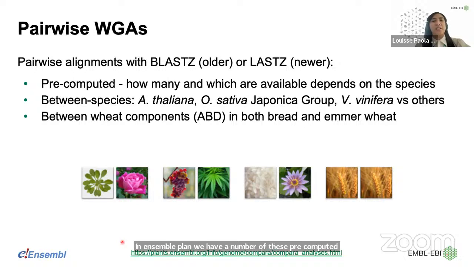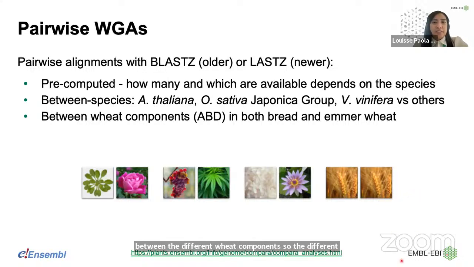We have pairwise alignments of Arabidopsis against many other species, as mentioned, because it's a very popular species in research. But we also have pairwise alignments available for rice and rice cultivars, and also grape. And we also have alignments available between the different wheat components, so the different chromosomes.